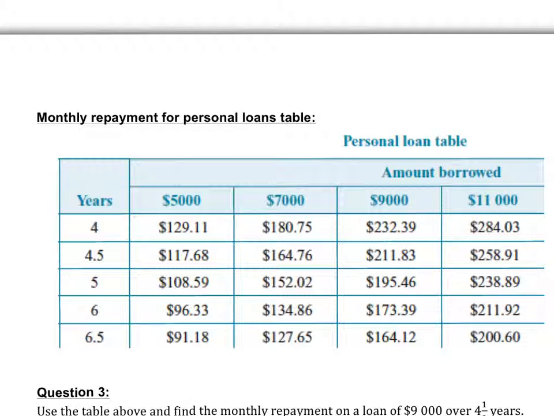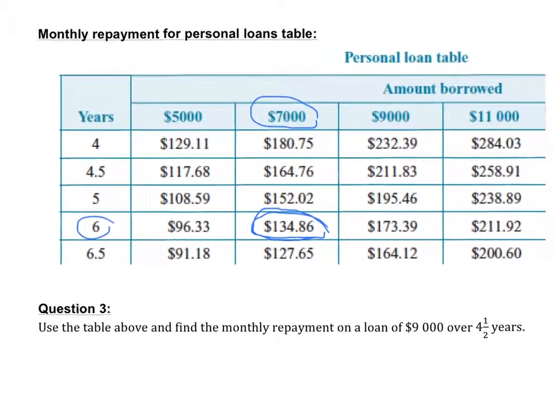If you want to look for the monthly repayment of a loan of $7,000 for 6 years, you can straight away see the monthly repayment will be $134.86 for every month for 6 years. And you just read the answer straight from the table.